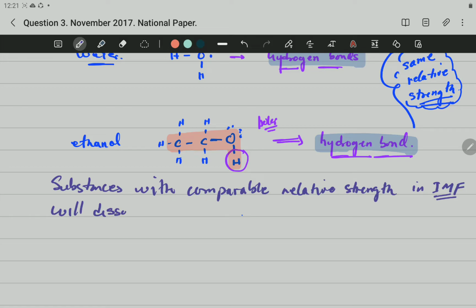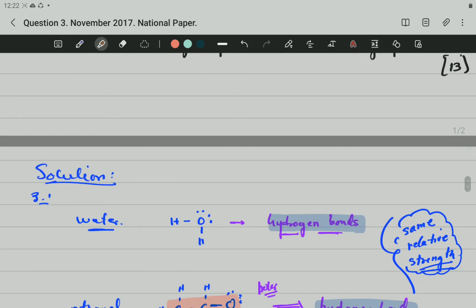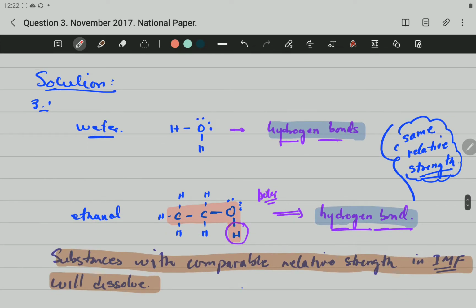You have to learn this one. This is an important note. Okay, and that is the answer for question 3.1. The marks will be: one for identifying that both of them have hydrogen bonds, another to state that they have the same relative strength, and the last mark is for stating this important note. That is 3 marks for this question.